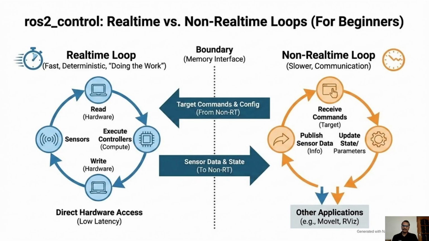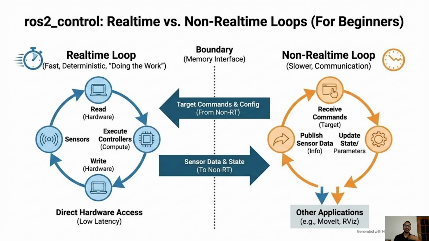So this is the main simple diagram for the beginners. As I mentioned, control manager has two loops. One is the real-time loop and the other is the non-real-time loop. In the real-time loop is where you read the sensors, you update the interfaces, and then you update the controller, and then you write to the hardware. And the non-real-time loop is where you receive the commands.